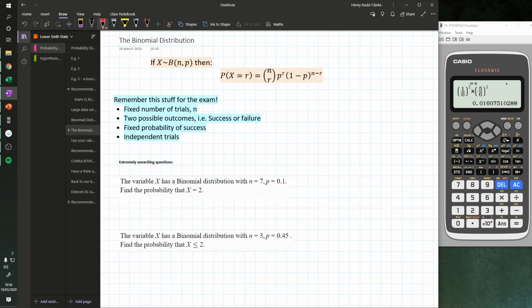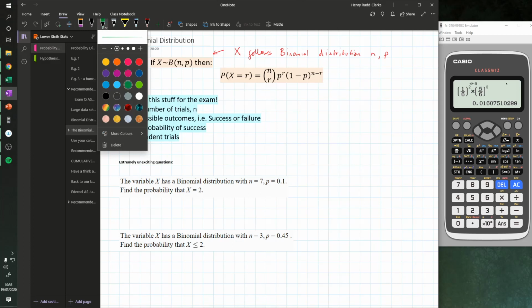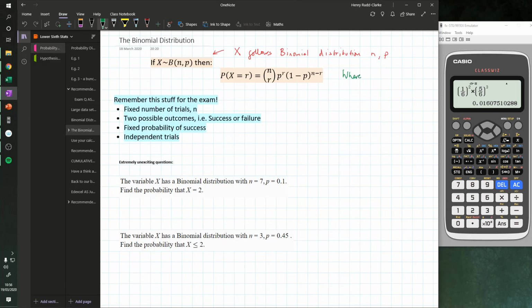So this first line, if x wiggly line B(n, p), this bit is saying if x follows, so the squiggly line means follows, if x follows binomial distribution of n, p, where n is the number of trials and p is the probability of success.